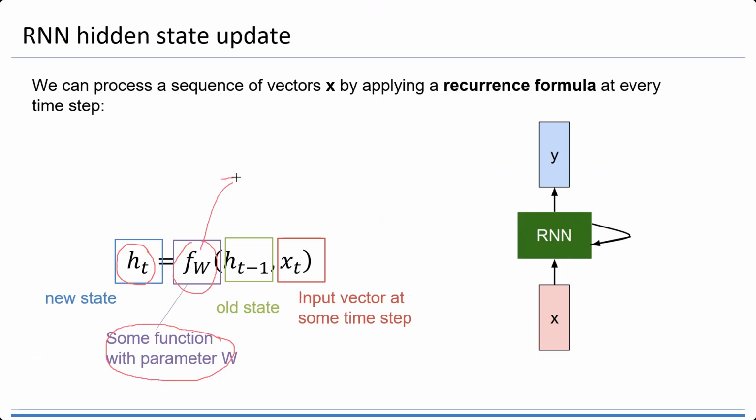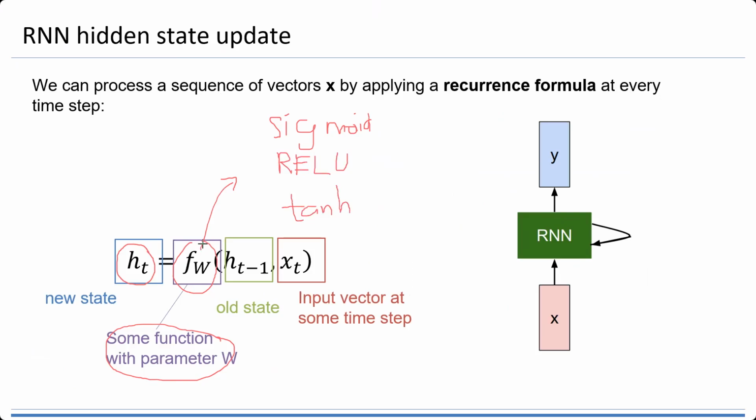In the deep learning, you may learn some activation function like sigmoid, or maybe you know that the activation function is about the ReLU, or maybe there are some other activation functions such as tangent, and so on.